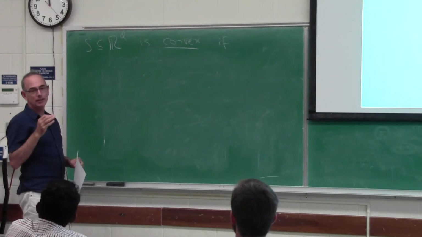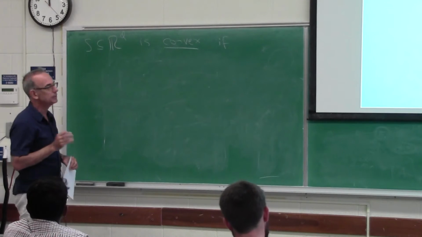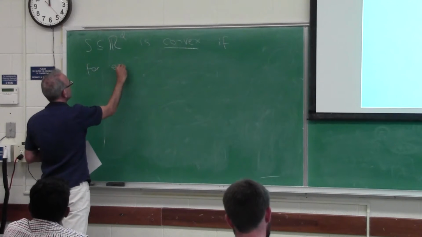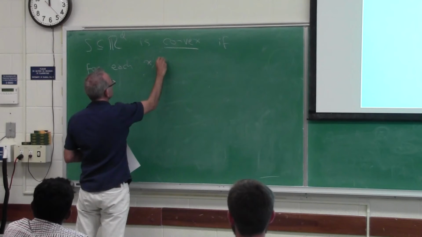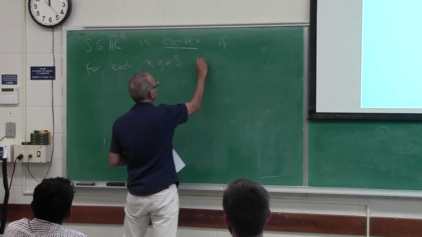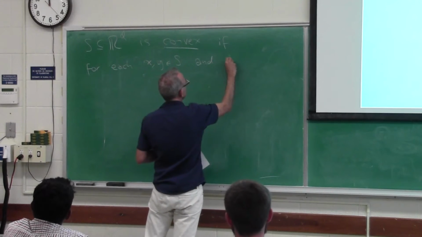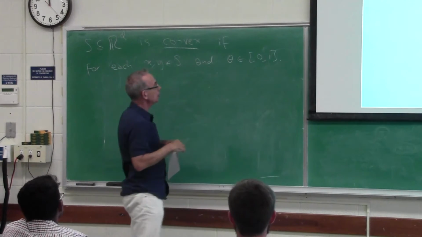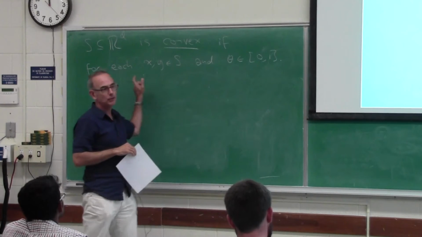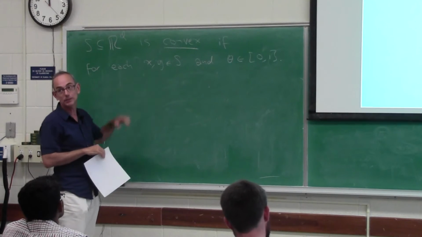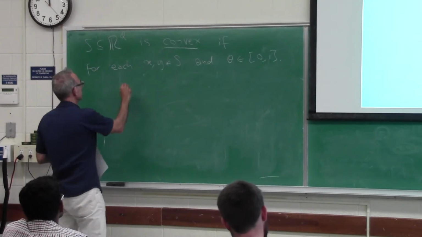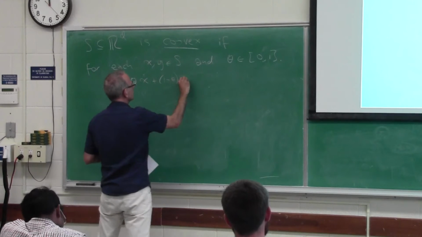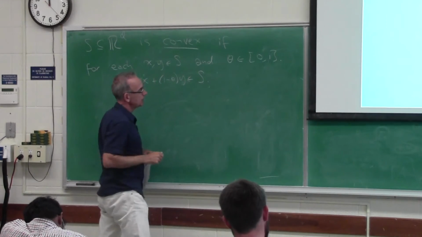It means that for any 2 points in S, and also for any parameter theta in [0, 1], you take the convex combination of the points, you stay in S. Big deal.